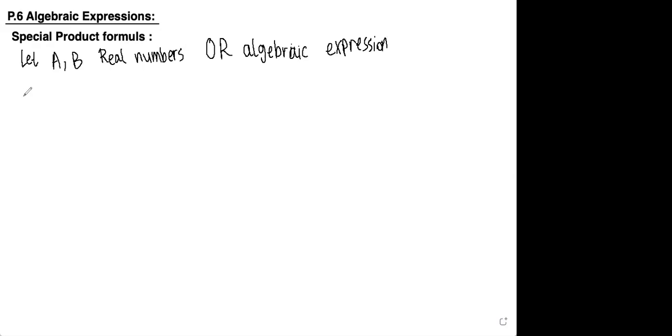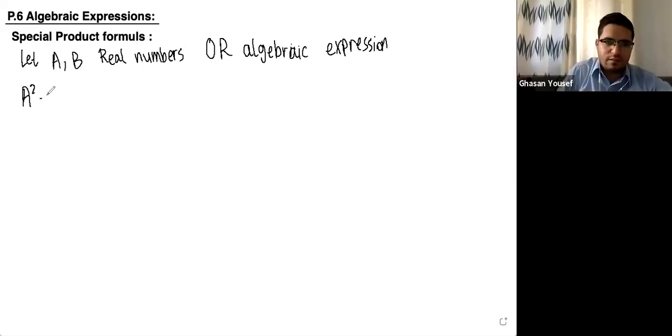Then I can define A squared minus B squared equals the first term minus the second term, multiplied by the first term plus the second term.